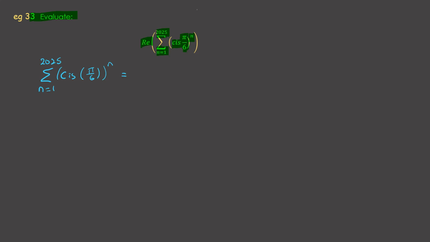So when n is 1, we're just going to get cis(π/6). And when n is 2, we'll get cis(2π/6). Think about how de Moivre's theorem works, which is π/3.